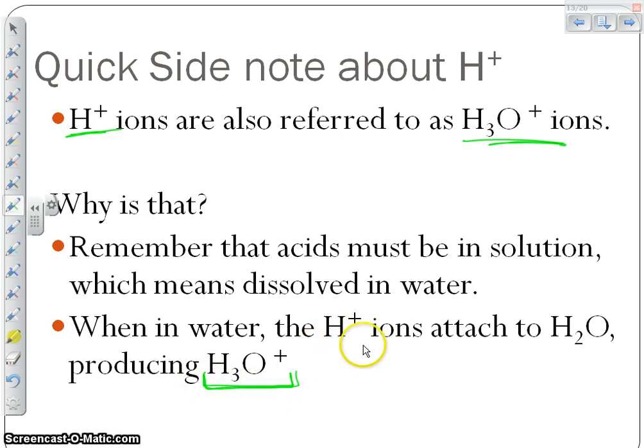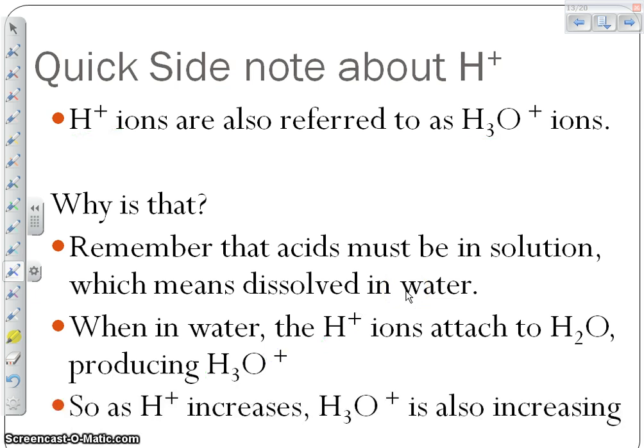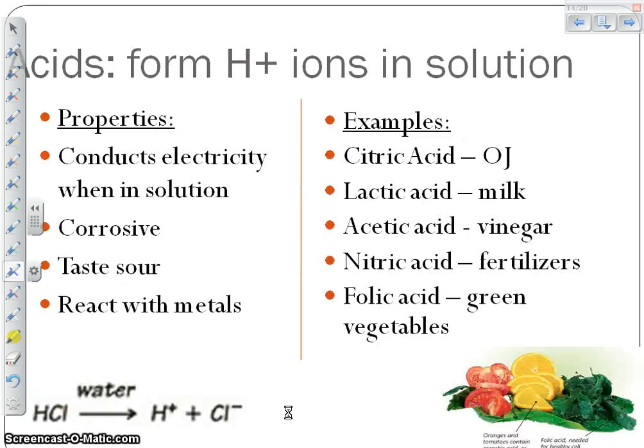It basically means the same thing as saying that we've got the H plus ion. In either case, we're looking at the charge associated with the ion itself. The acid happens to have the positive charge, while the base has the negative charge being produced. Okay, so as the H plus increases, we know that H3O plus is also increasing, which is why you'll see these two used interchangeably depending on who's discussing acids and bases.